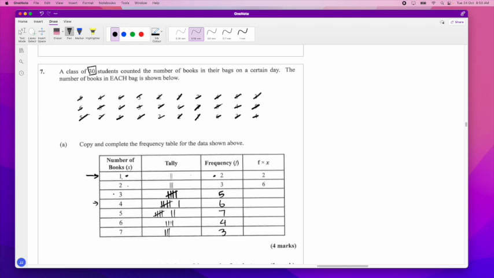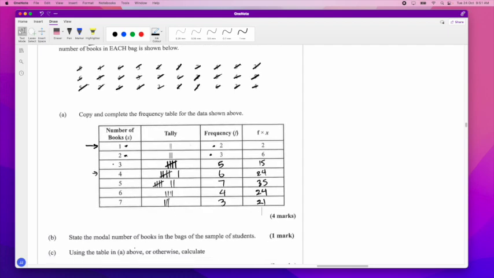So 2 multiplied by 1 is what gave us 2, and then 3 multiplied by 2 is what gave us 6. 5 3s are 15. 6 4s are 24. 7 5s are 35. 6 4s are 24 again. And 7 3s are 21, I believe. And you know how great I am at my timetables.